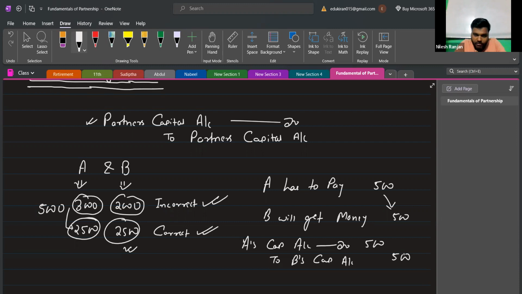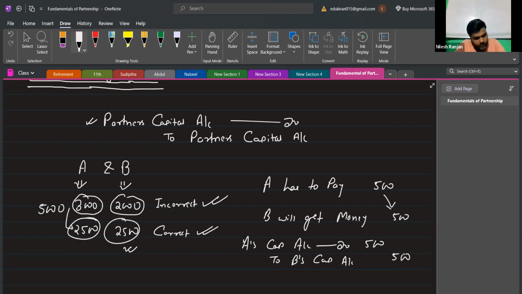The interest on capital will not be paid. The salary or commission will not be paid. Interest on drawing will not be charged. Actually, there is a confusion between interest on capital and interest on loan. Interest on capital will not be paid, and interest on loan will be paid at the rate 6% per annum.